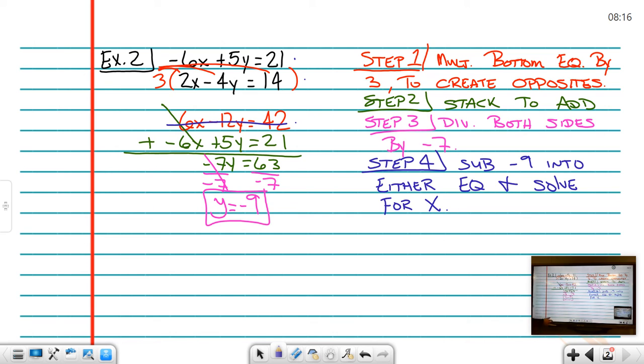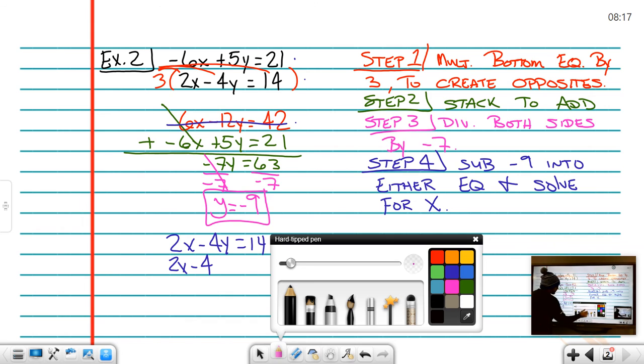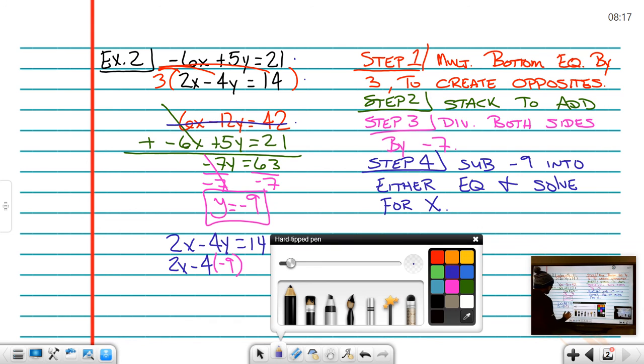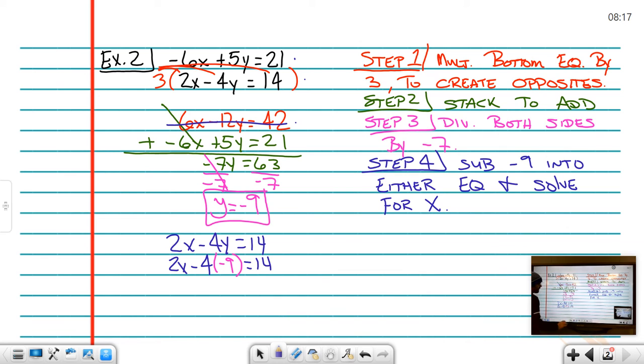Okay, so let's say we choose 2x minus 4y equals 14. And we're going to sub negative 9 in for y here. So 2x minus 4, use parentheses to show substitution, negative 9, equals 14. Now we're just going to solve like a multi-step equation.